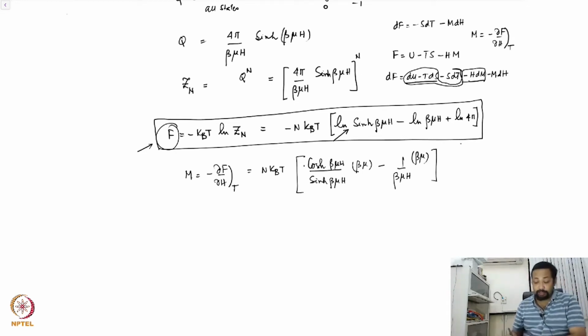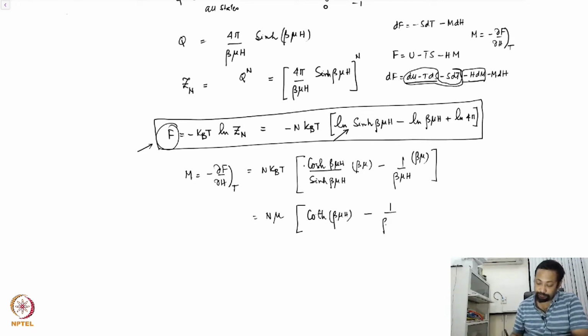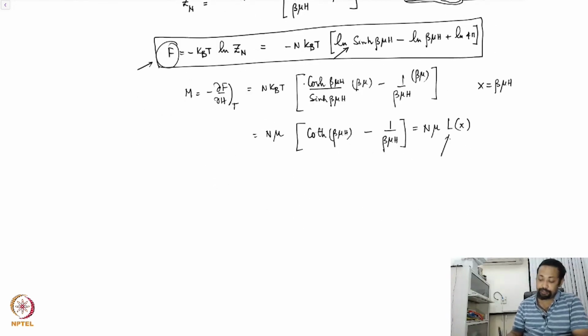Once the beta mu comes outside, you can immediately see that this is going to be N mu times coth beta mu h minus 1 by beta mu h, which we write as N mu L of x, where x is equal to beta mu h. This function is called the Langevin function.